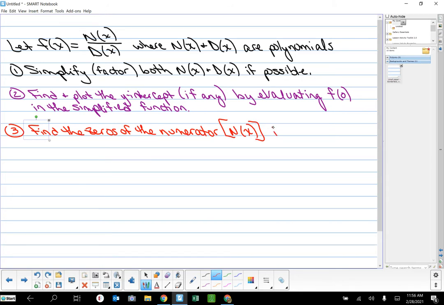If there are any, by setting the numerator equal to 0. Plot any corresponding x-intercepts.